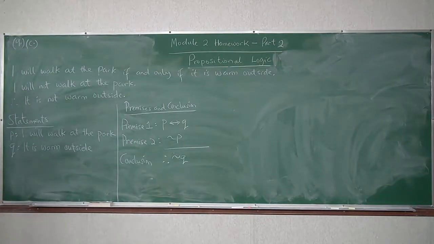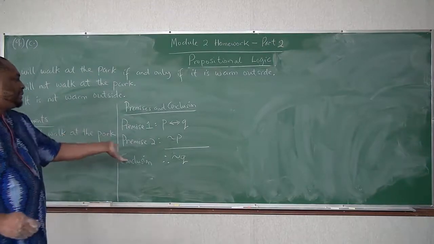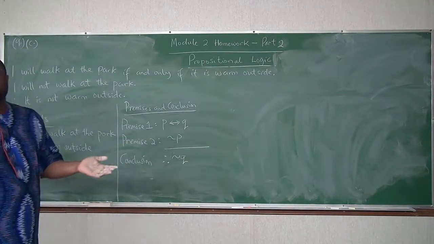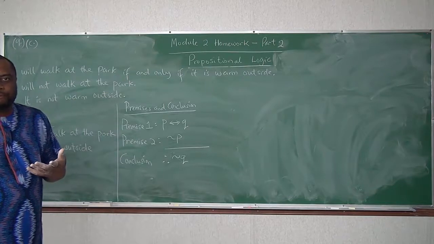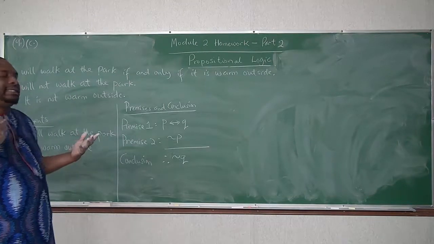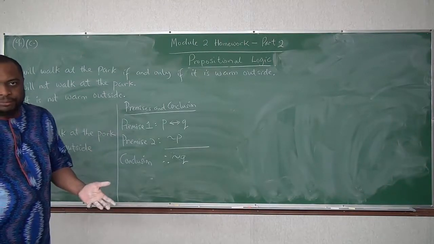Alright? I will walk at the park if and only if it is warm outside. So P biconditional Q. Premise 2, I will not walk at the park. So that is not P. Therefore, it is not warm outside. Okay, not Q. Alright, so now, this does not resemble any of the standard forms of valid arguments or the standard forms of invalid arguments.